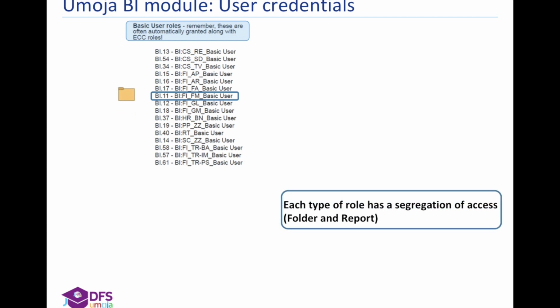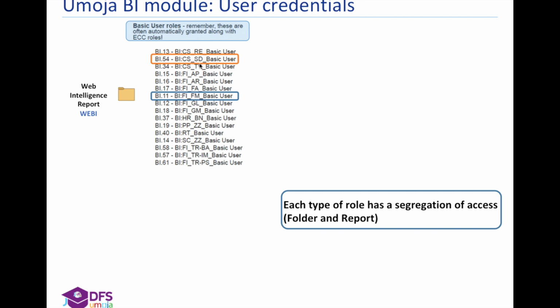So here we go. I have access to the report related to FI or FM as a basic user, BI 11. I can access this folder, and in that folder I can view the Web Intelligence reports, not the analysis workspaces. But just because I have a BI 11 basic user role in FI FM, that does not mean that now I can access what the BI 54 role would be able to access.